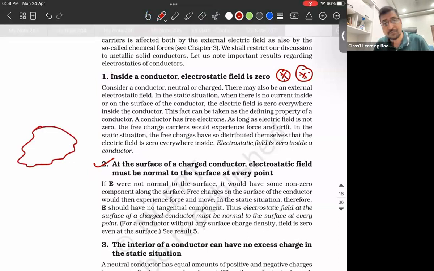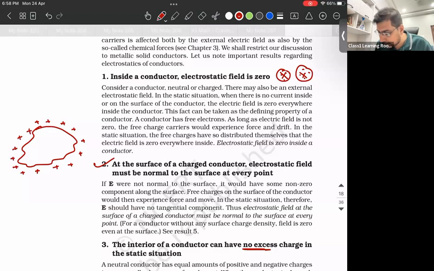It means if I have a conductor like this, when I have a charged conductor, the first thing to be noted is, I'm borrowing this point from the third one. The interior of a conductor can have no excess charge in the static situation. So hence, all the charges that you are going to give will go and sit on the surface of the conductor.